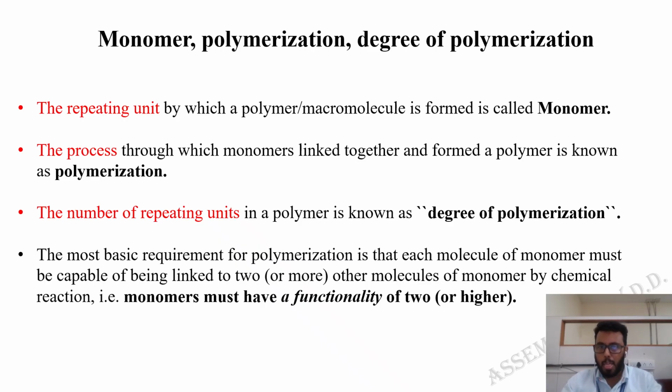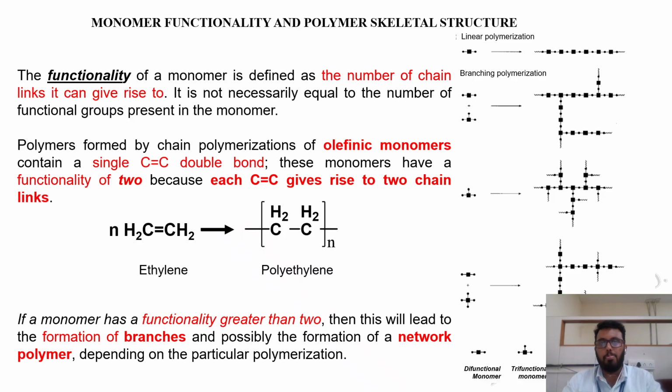The fundamental, minimum criterion is that it should be connected with two other molecules. So the minimum functionality is 2, and the maximum functionality can be as much as possible.